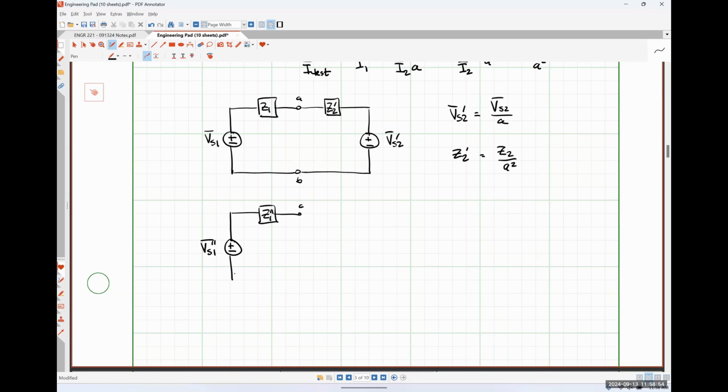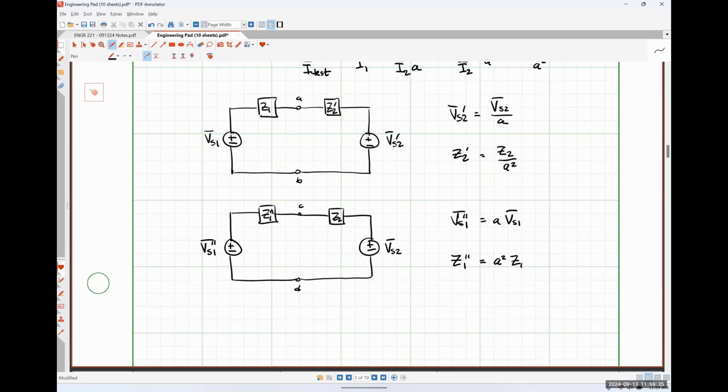Here are terminals C and D. Z2, VS2, where VS1 double prime is A VS1 and Z1 double prime is A squared Z1.